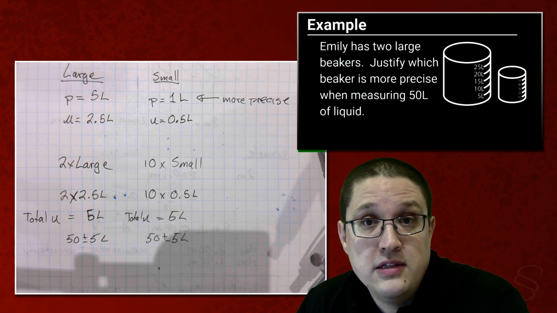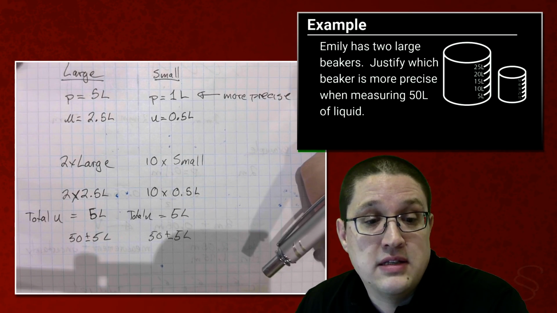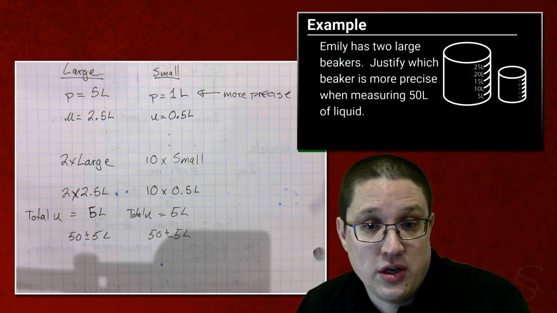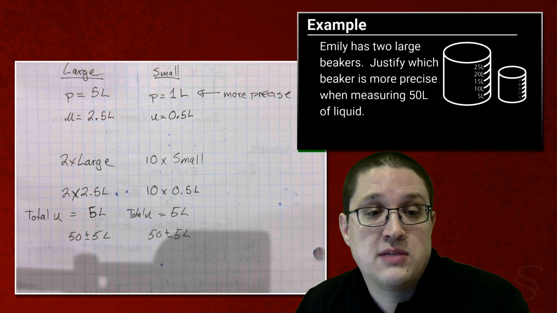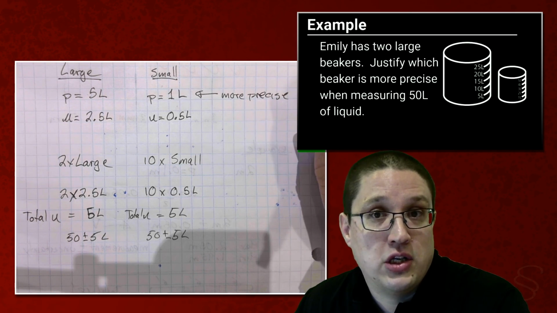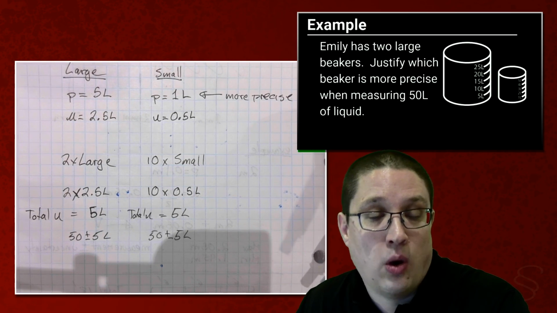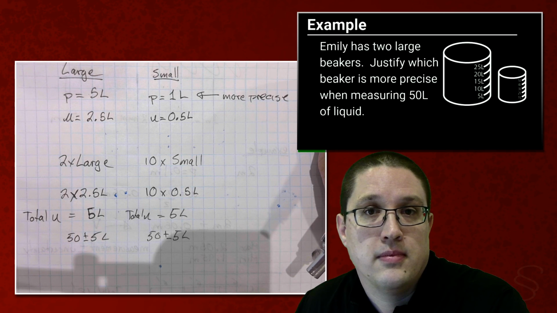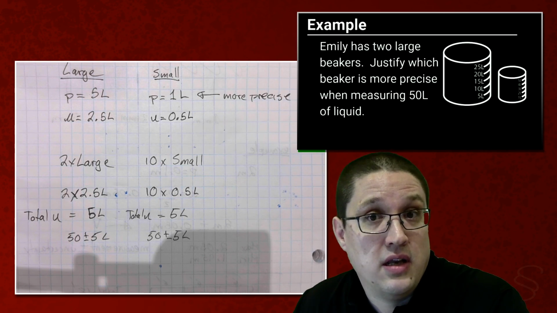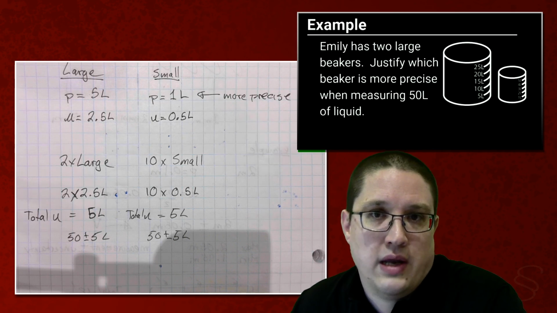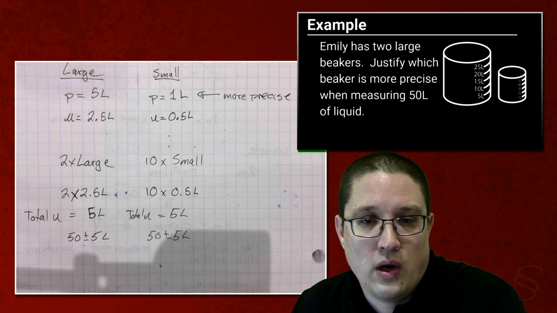Because both of these measuring tools have different amounts of precision, but I need to use the small container more often, I can actually end up with the same total uncertainty when measuring 50 liters. This is important. In this case, you might say, well, it's easier to use the big one twice because that way you only have to do it twice.